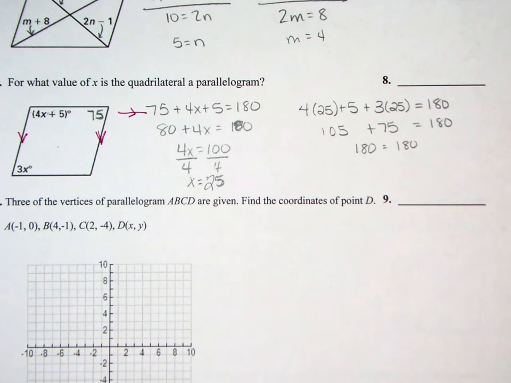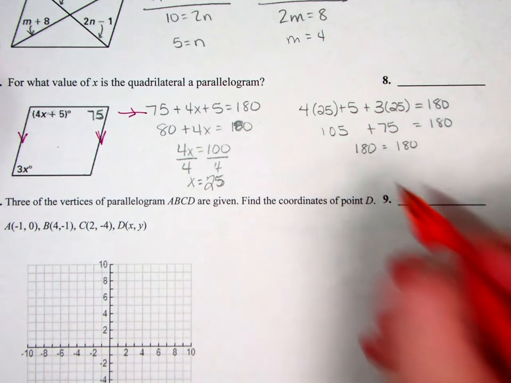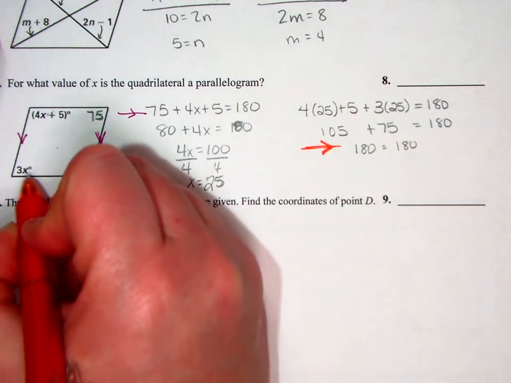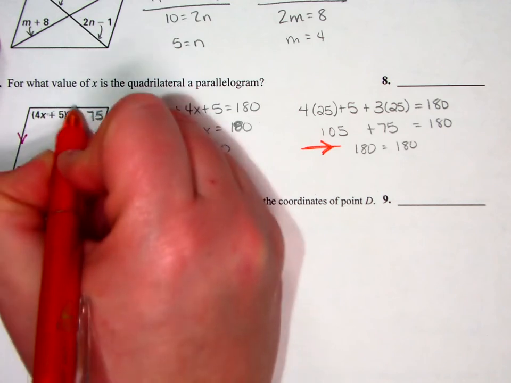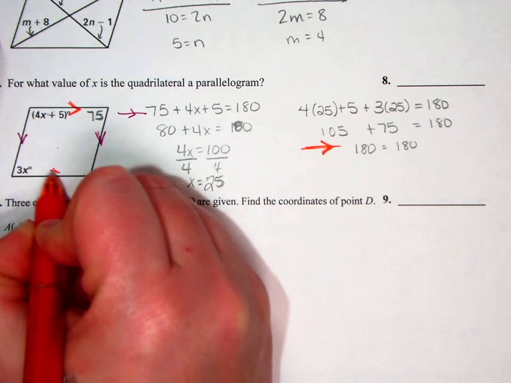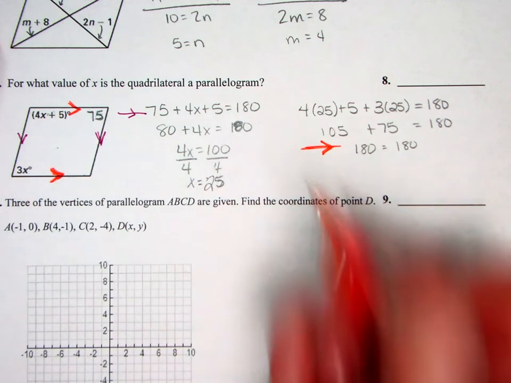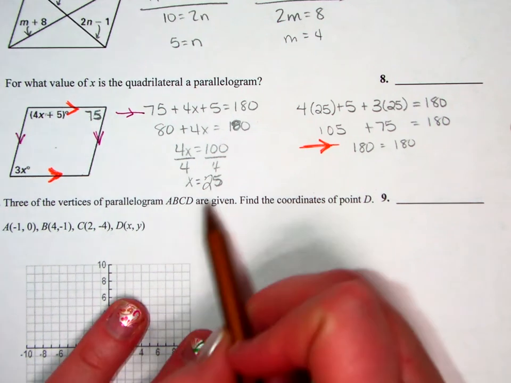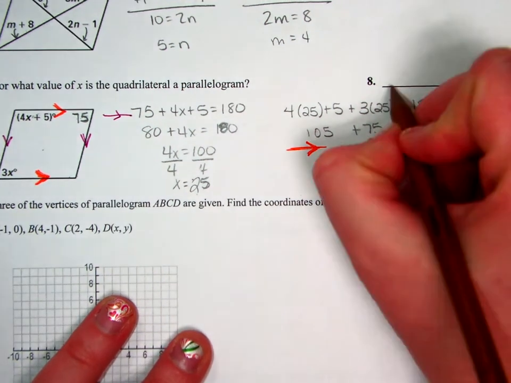So since we just proved that the sum of those two consecutive interior angles is 180, we just proved that these two angles are consecutive interior, which proved that these two sides that are opposite each other are parallel. So since I just proved both pairs of opposite sides being parallel by doing consecutive interior angles twice, and you have to do it twice, the value of x equals 25 is a true answer.